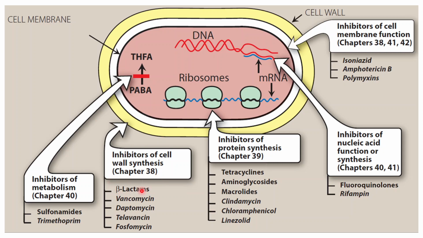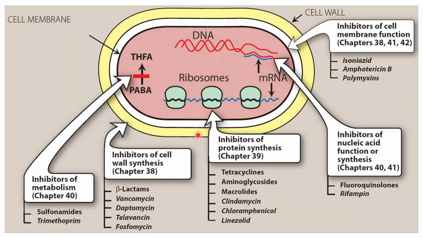And we will start with the beta-lactam antibiotics next week. Then also vancomycin and other mycins, daptomycin, telavancin, and fosfomycin. So these are the antibiotics that inhibit the cell wall synthesis, the second mechanism.